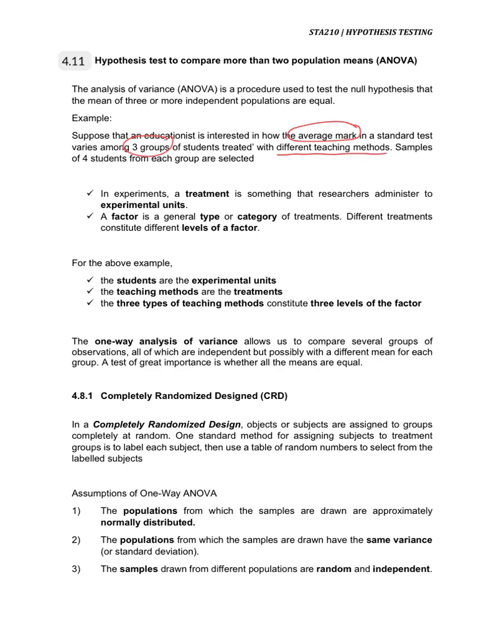For example, here we have group A, group B and group C. Group A has been taught a different teaching method, same goes to group B and group C. So what we want to see here is whether there is any difference in the average mark between teaching methods A, B and C.